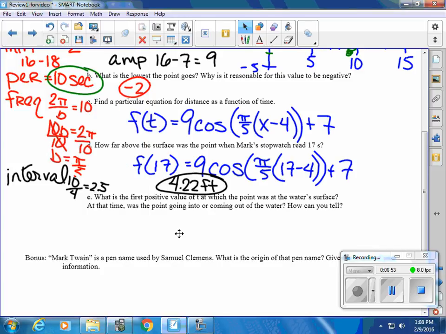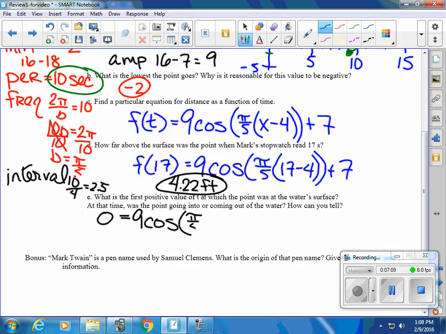Then I want to know what is the first positive value of t at which the point was at the water's surface. And so what I'm going to do is solve that equation for 0. Okay, now I can do 9 cosine pi over 5, and then t minus 4, close both parentheses, plus 7, and solve it like a normal equation.